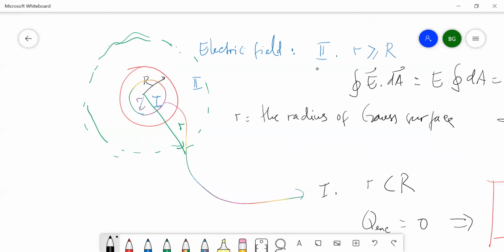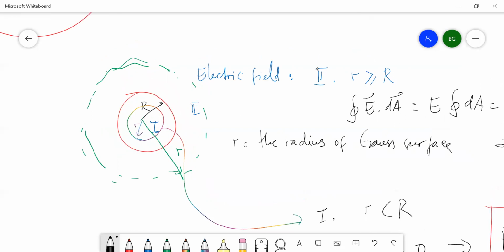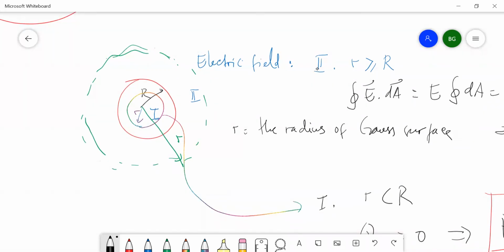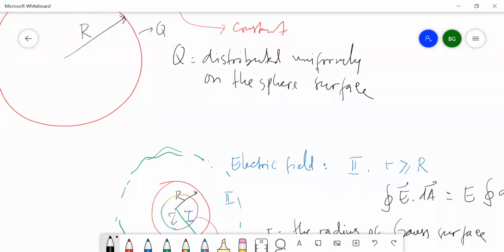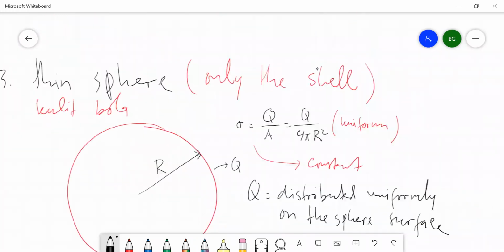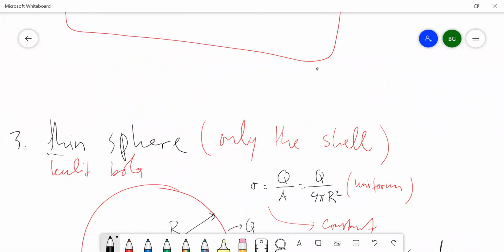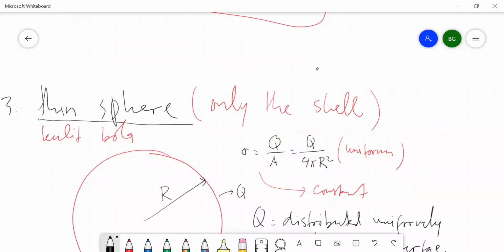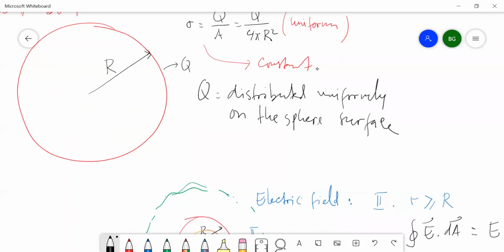For a thin sphere, I mean thin shell sphere, the charge is distributed only on the surface, not inside the surface. Okay, because we have only a thin sphere, only the shell, yeah, the shell of the sphere.